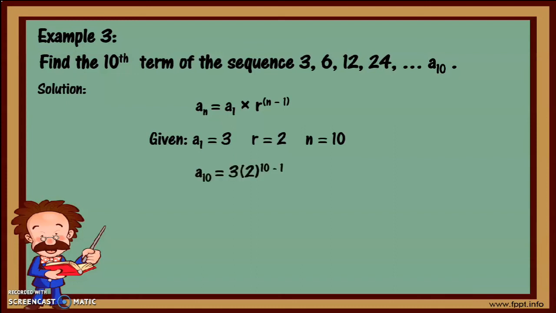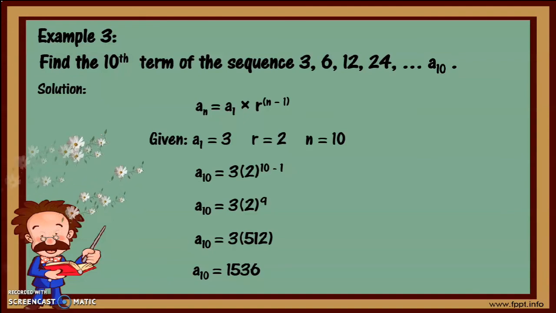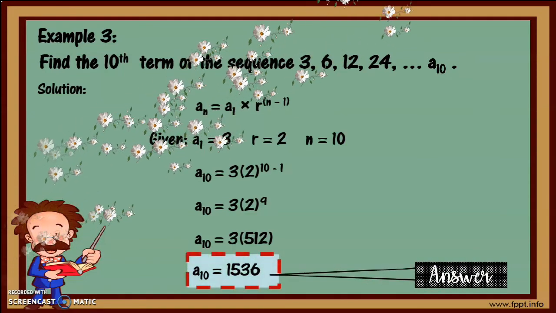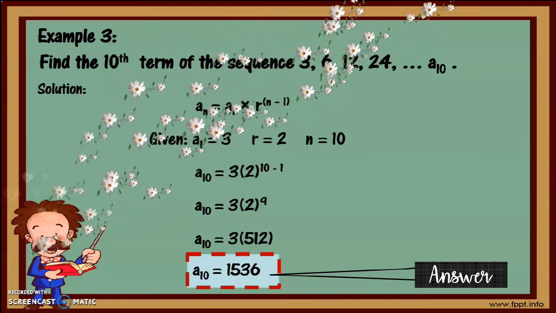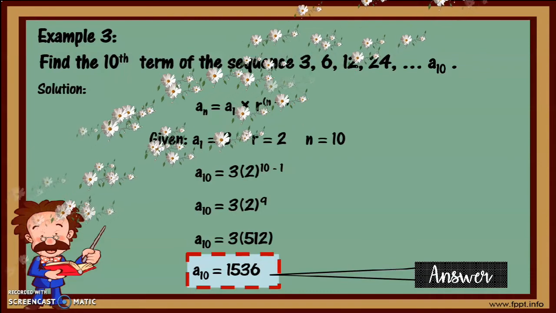So, substitute: 3 times 2 raised to 10 minus 1 equals 3 times 2 raised to 9, but 2 raised to 9 is equal to 512, times 3 is 1,536. So therefore, the 10th term of the sequence is 1,536.